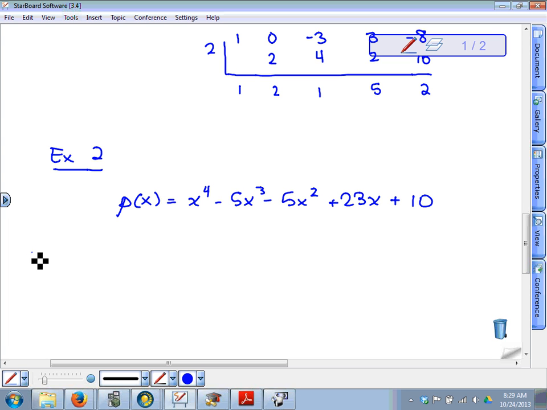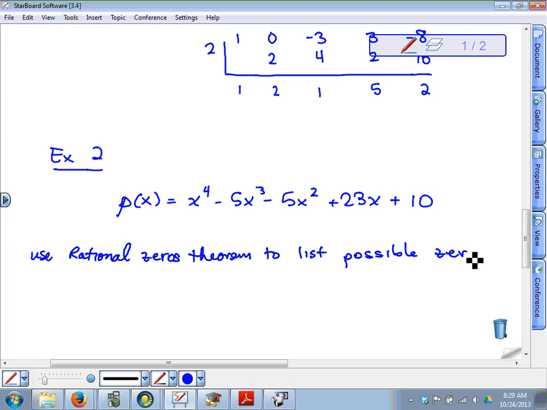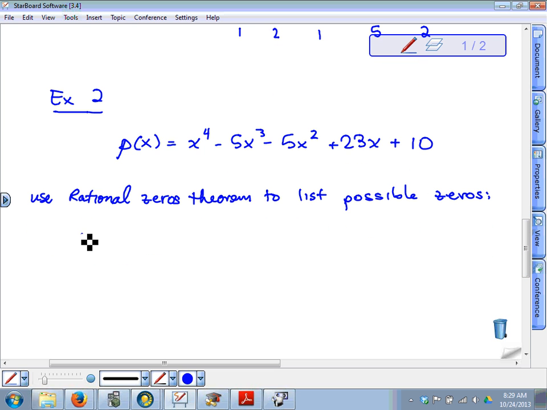So, use the rational zeros theorem to list possible zeros. The rational zeros theorem means we have to find the factors of p, find the factors of q, and divide them.